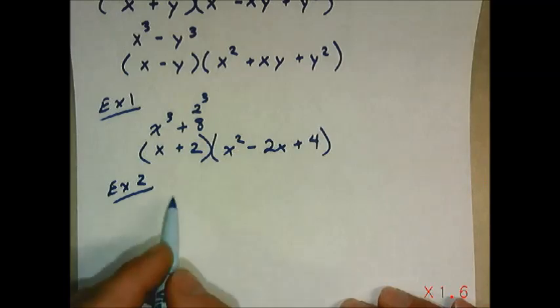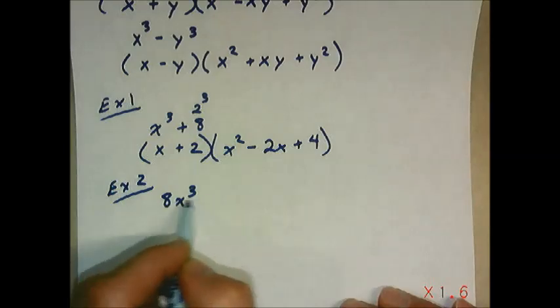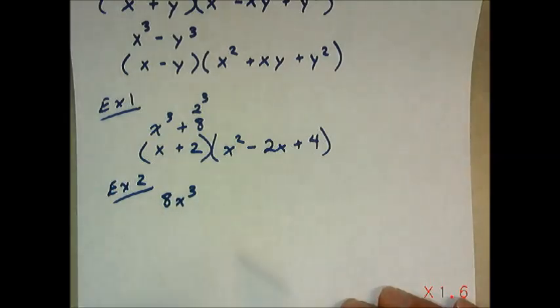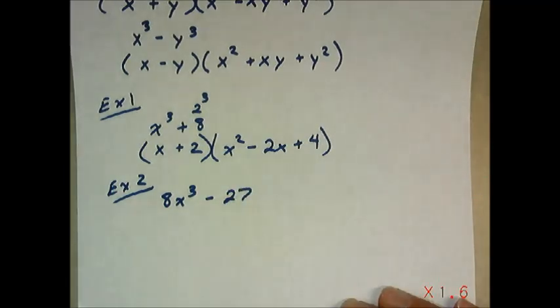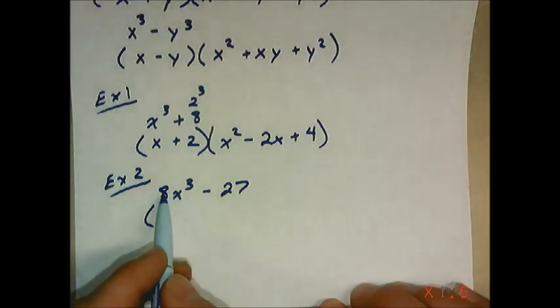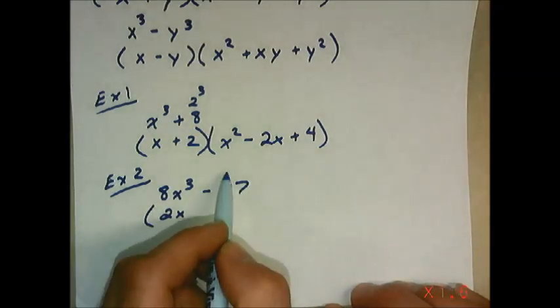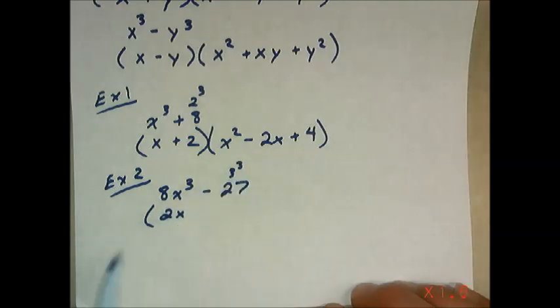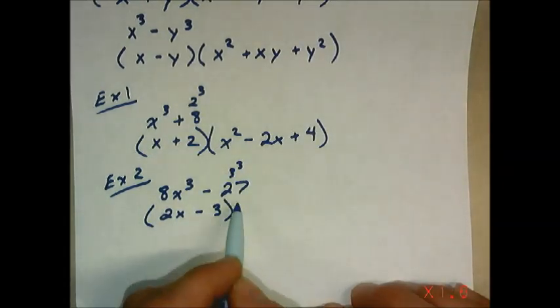Example 2, we can get a little more complicated by making the first term 8x to the third minus, let's take 27. So to factor this, we're going to take the cube root of 8x to the third, which is 2x, because 2x times 2x times 2x gives us 8x to the third. The cube root of 27, well, 27 is 3 to the third, so the cube root of 27 is 3.